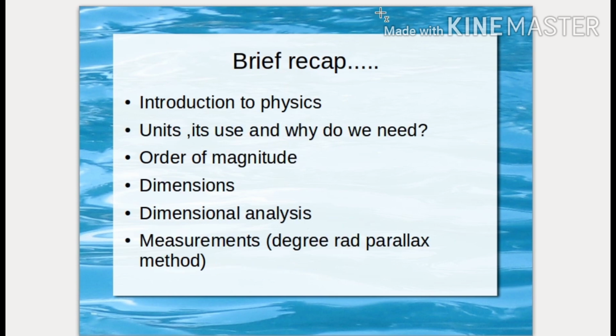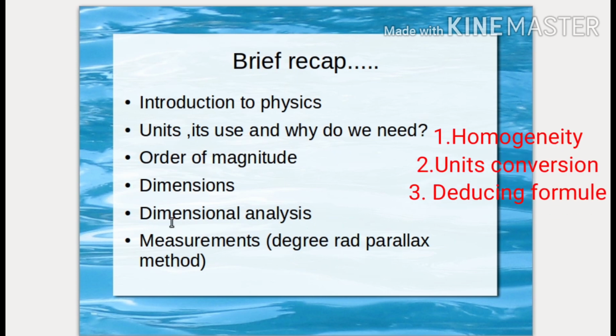We have learnt about what is physics, how physics works, and how physics is related to nature. Unit and its type, and why we need unit, order of magnitude and dimensions. Then dimensional analysis, in which we did the homogeneity principle and how to convert the units.